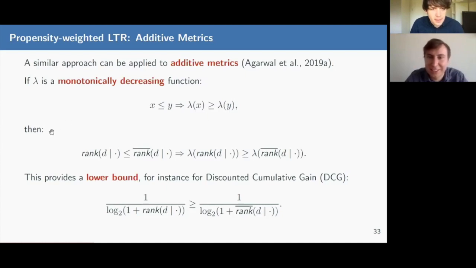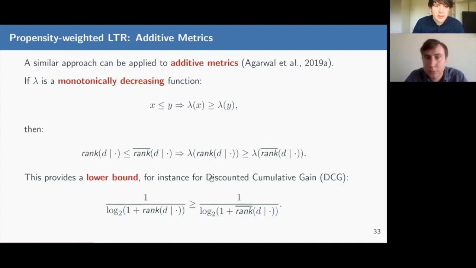And we can also quite clearly see that if we have an upper bound on the rank, if we put that upper bound into our lambda function, it will be a lower bound, right? So if we're going to have something that either is the rank or overestimates the rank, it's going to underestimate the discount that is received. So we have a lower bound, right?